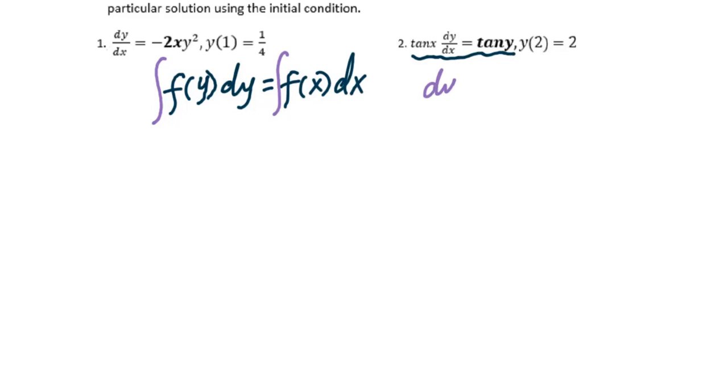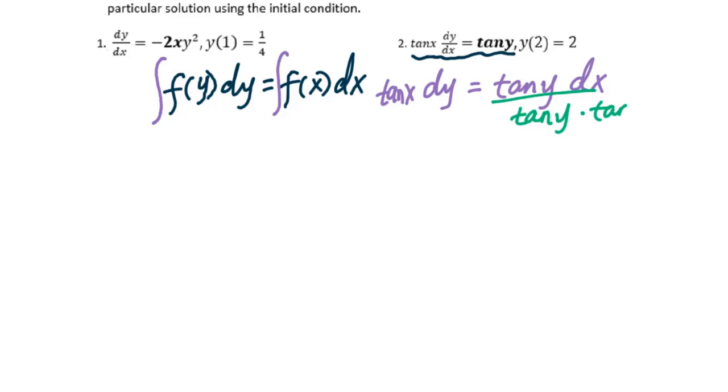So you will get dy tangent x equals, both sides times dx, tangent y times dx. Both sides divided by tangent y times tangent x. Reduce.